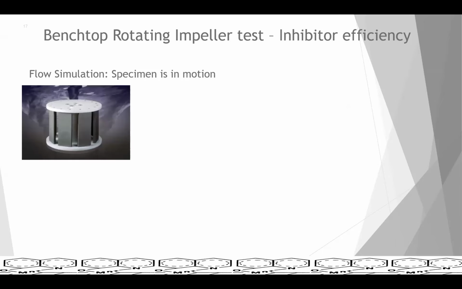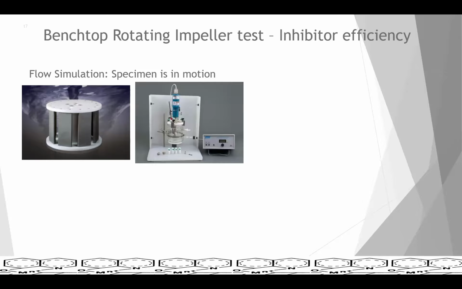Classic example is rotating cage. When you use rotating cage, both the specimen in the cage as well as the flow or the solution are in motion. So the specimen also moves around. Same case with rotating cylinder electrode, where the specimen is a cylinder which also rotates. It's in motion.